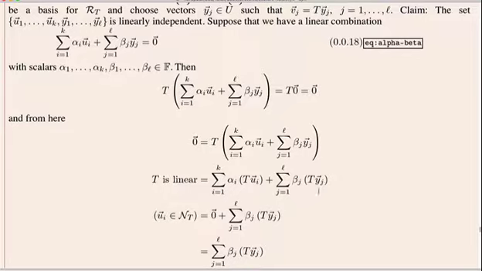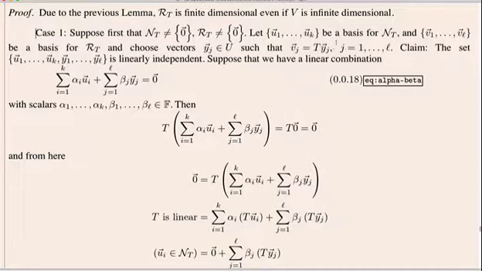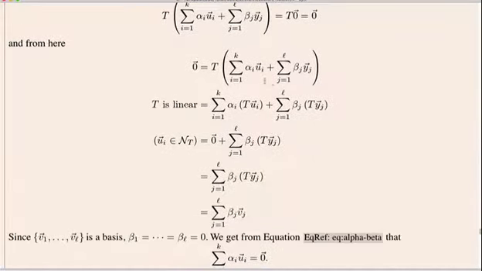We are only left with the second sum. In the second sum, T of y_j equals v_j, that was the choice of y_j's. So this is the sum as j goes from 1 to l, beta_j v_j.